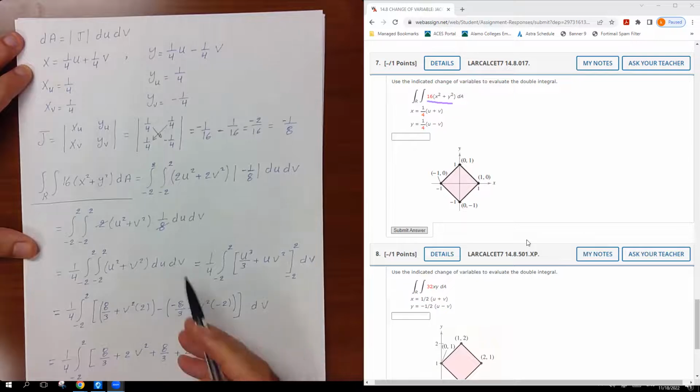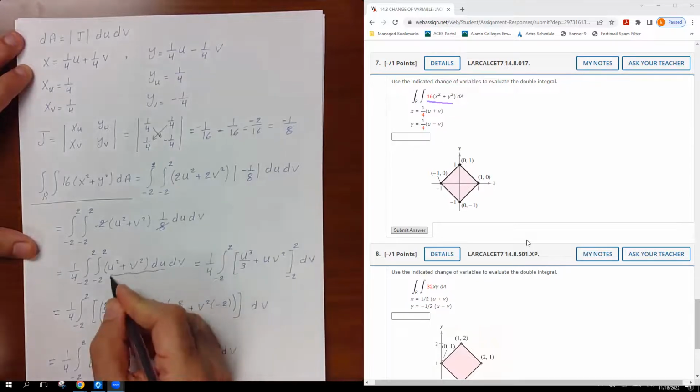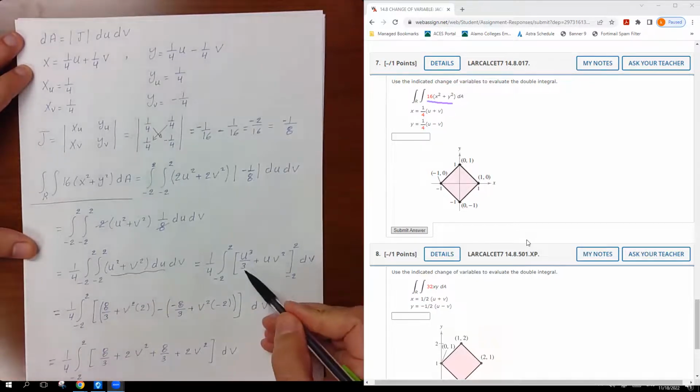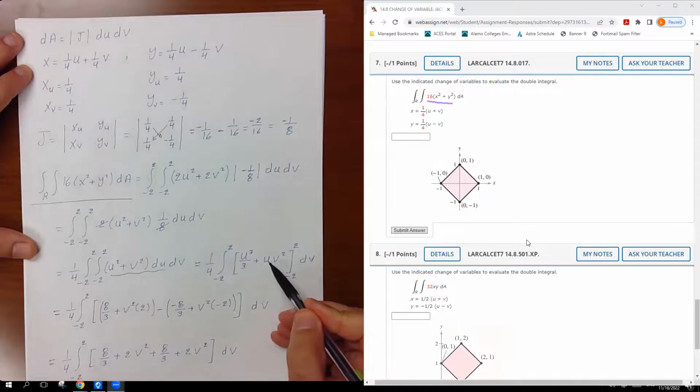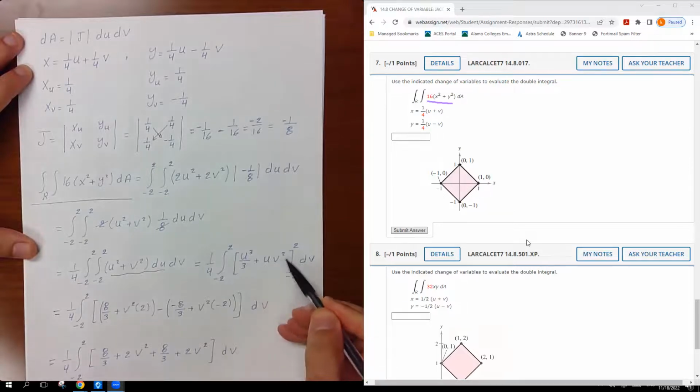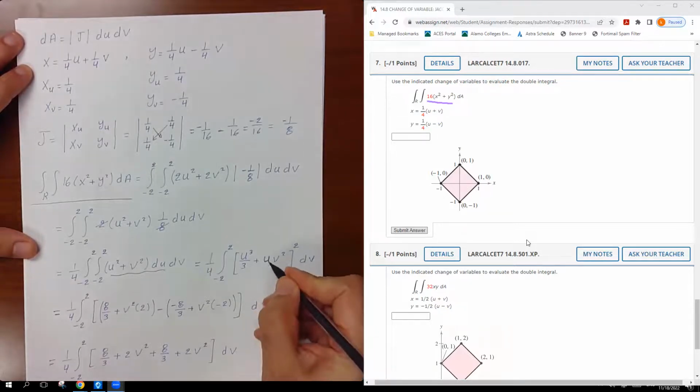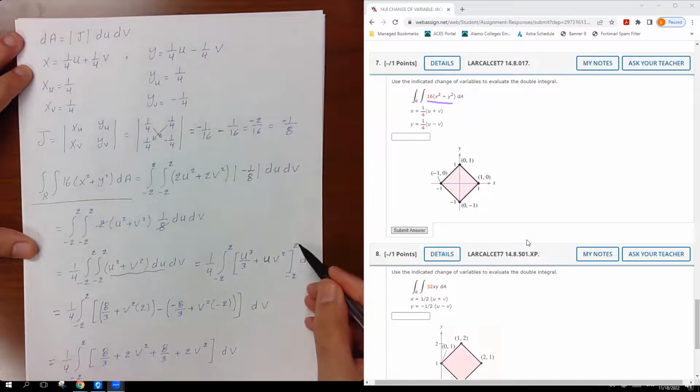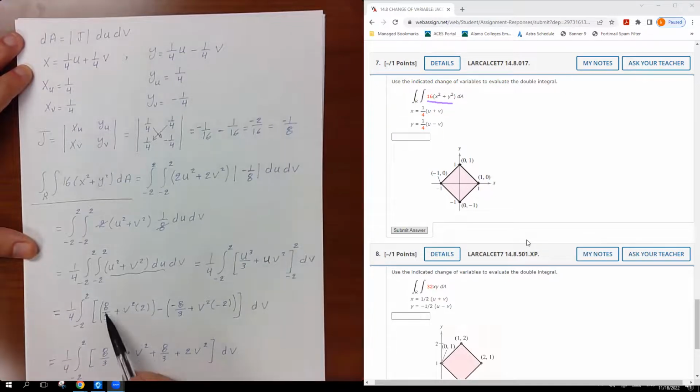Find the integral with respect to u first. So it's going to be u cubed over 3 plus u v squared, from -2 to 2. Plug in. So it's going to be 8/3 plus v squared times 2, minus, for -2, -8/3 plus v squared times -2.